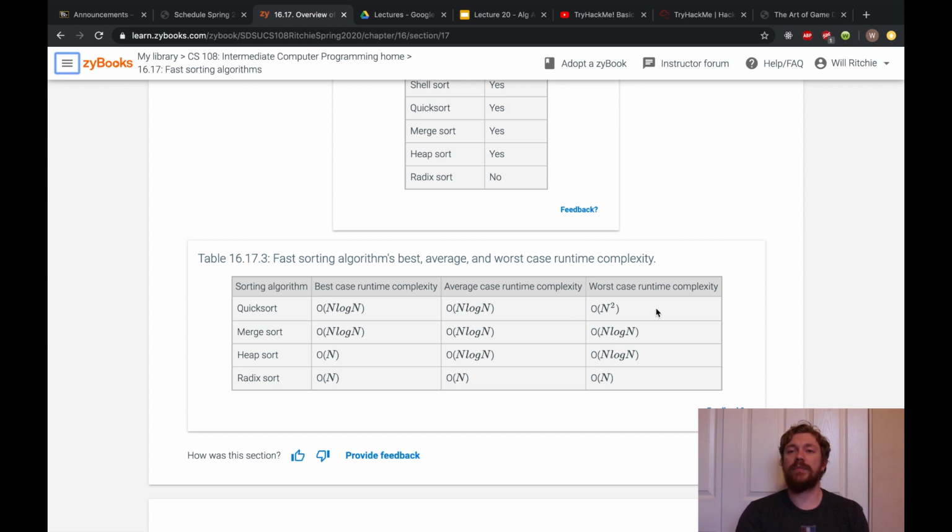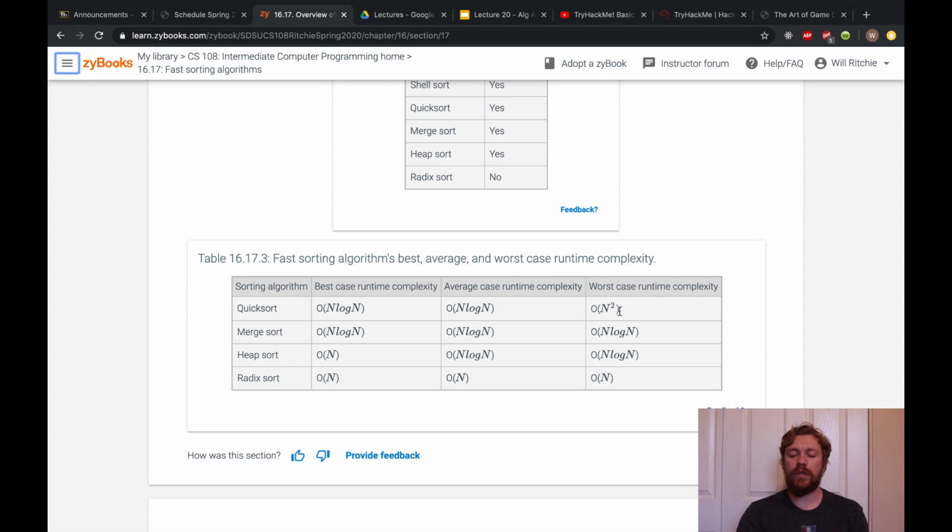Now why might this be? Well, as it turns out, quicksort uses that pivot value. If you choose a pivot value that's on either end of the array, and your array is sorted in ascending or descending order, or all of the elements in your array are exactly the same, this provides the conditions for quicksort's worst case runtime.